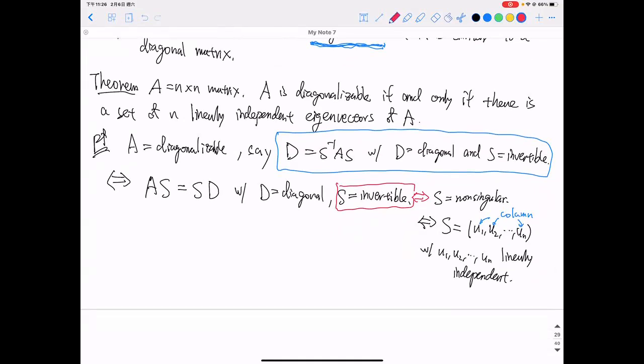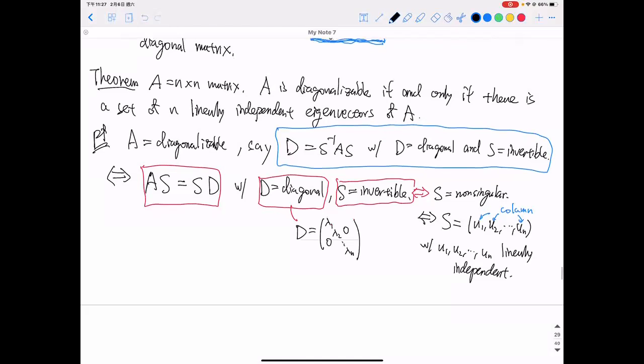Okay, now we need to further look at this equation. Let's see. Let's say D is diagonal, so D is going to look like this, with diagonal entries, say lambda 1 through lambda n, and 0 everywhere else.